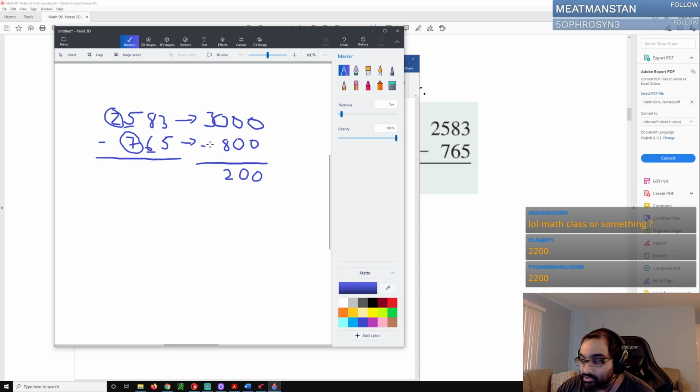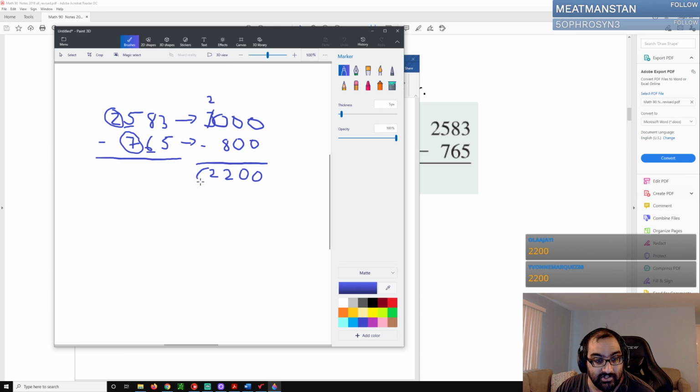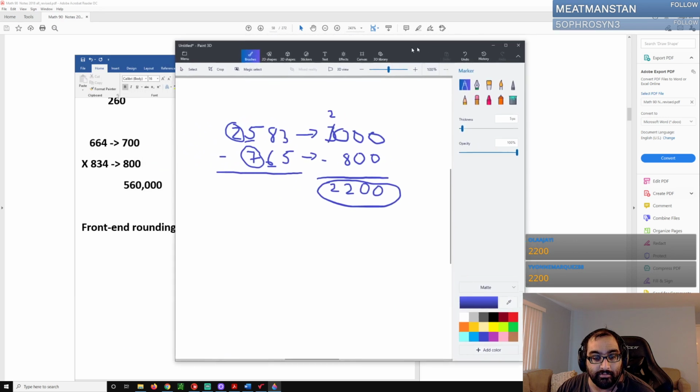This is 2, yeah, that's spot on. This becomes 2 because we borrow 1. So 2,200. That's right. And that's our final answer for that. So you can see we just used the very front number here, and we're able to put that together, no problem.